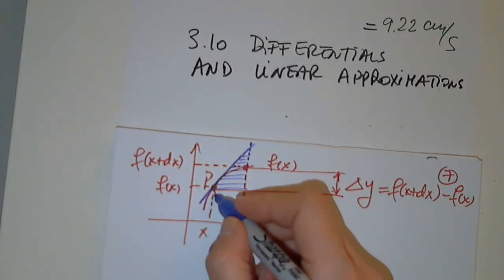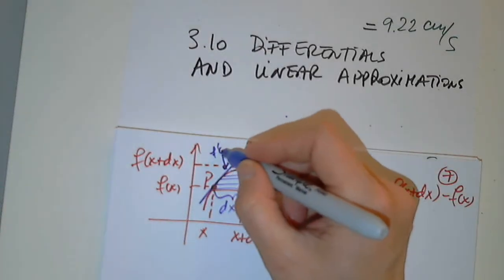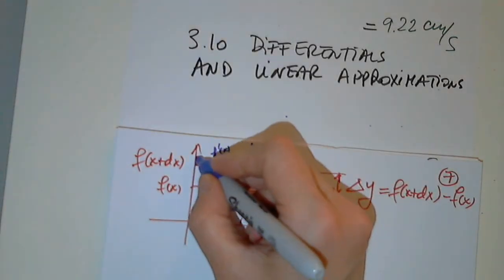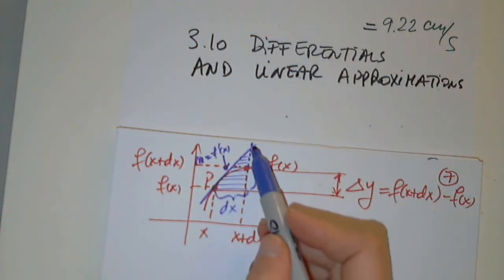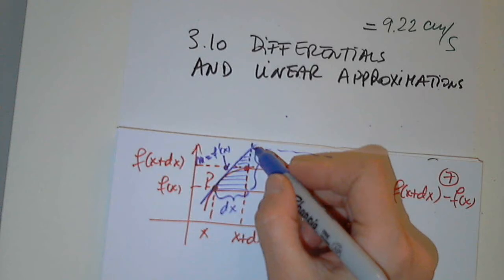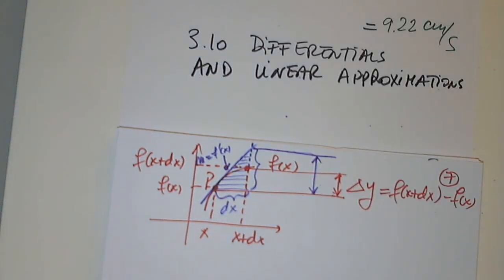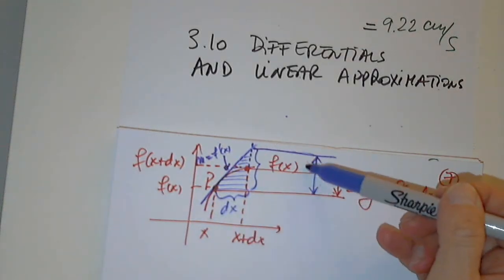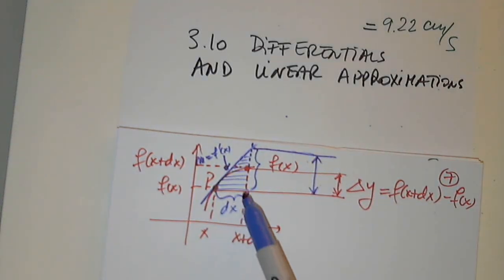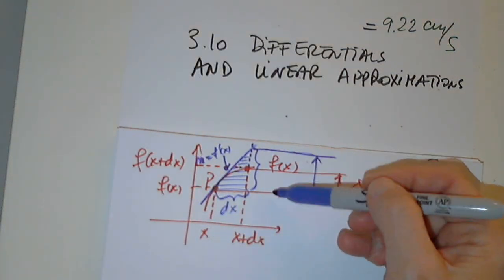If this is dx, and the slope of this line is f prime of x, then we know that this must be only one thing. What can it be? Because the slope of this line must be this over this, which must equal f prime of x.